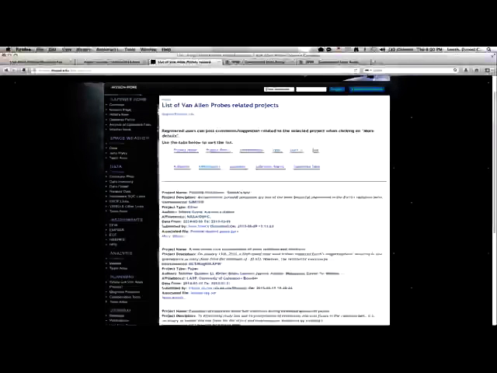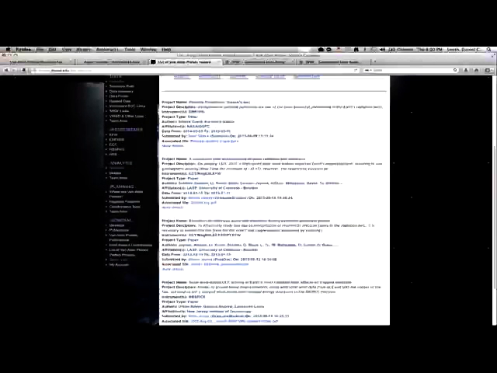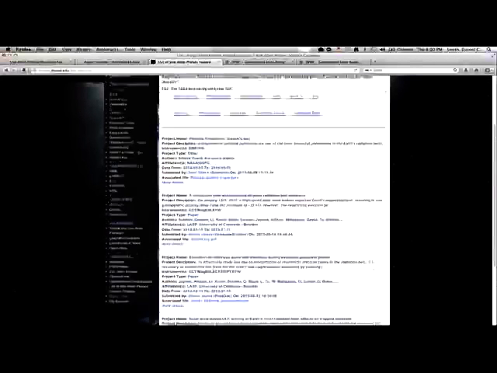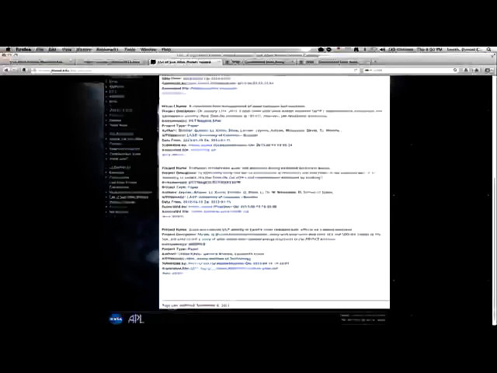Does that make sense? If you look at the screen right now, at the very bottom, if you go back to the Science Gateway website, there is a link here. It says List of Van Allen Probes Projects.